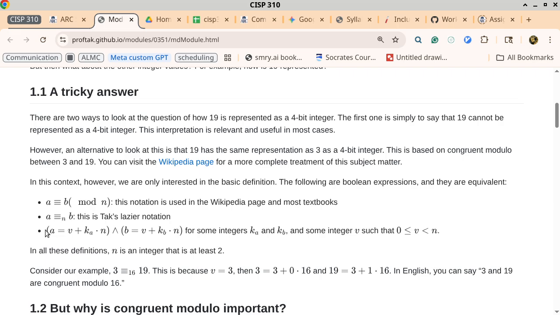So the third bullet point, which is this one here, is explaining the actual concept of what it means when we say A and B are congruent modulo n. Are we good so far? Okay. All right. So let's double check that we understand every single symbol on the third bullet point.